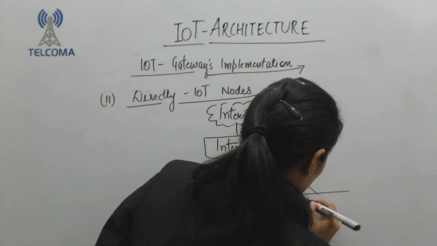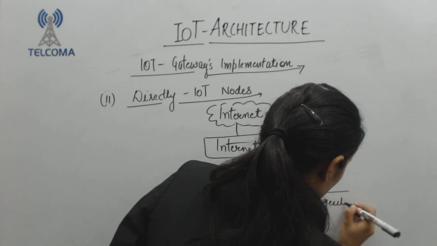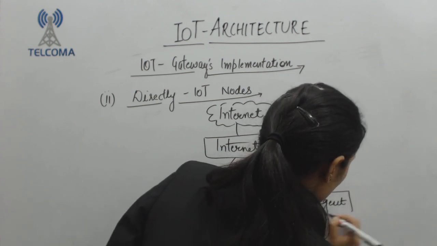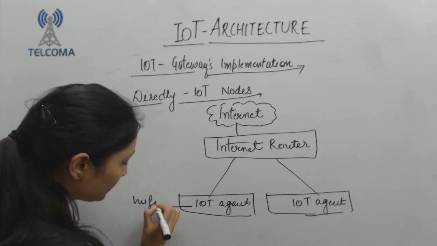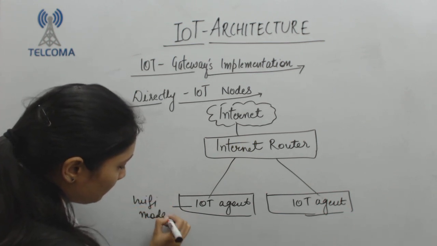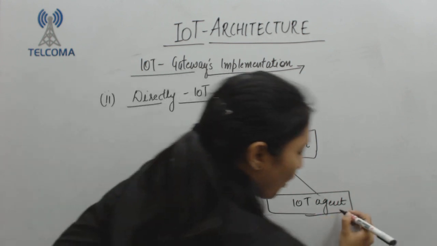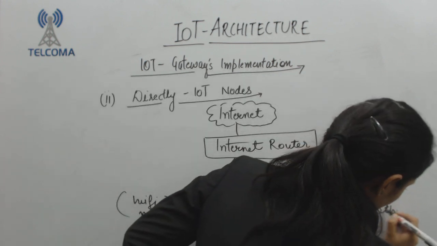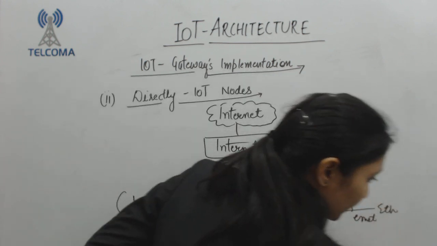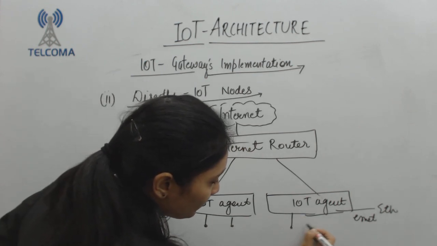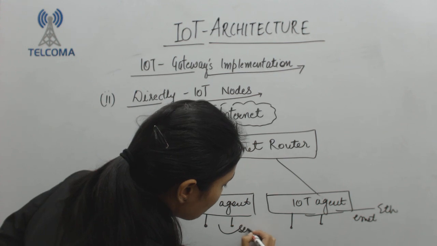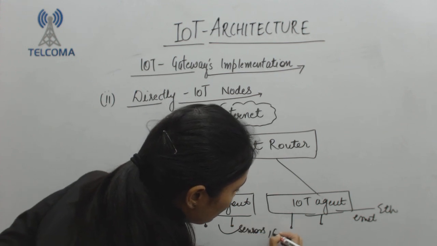Now these IoT agents could be either in Wi-Fi mode or in Ethernet mode. Here you have a number of sensors and actuators.